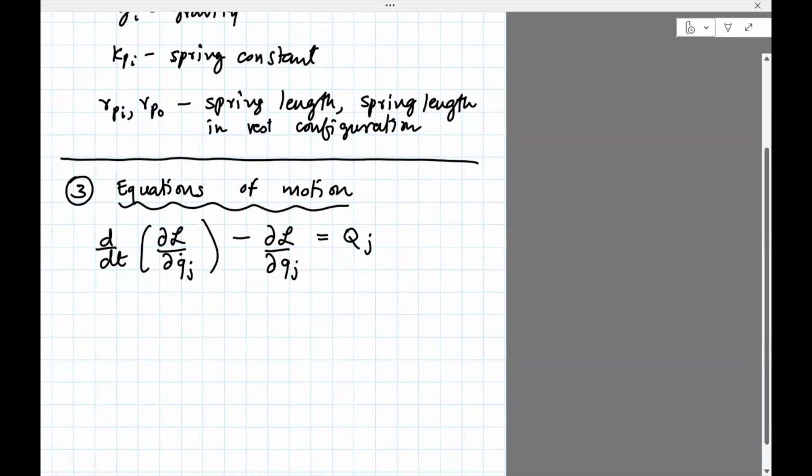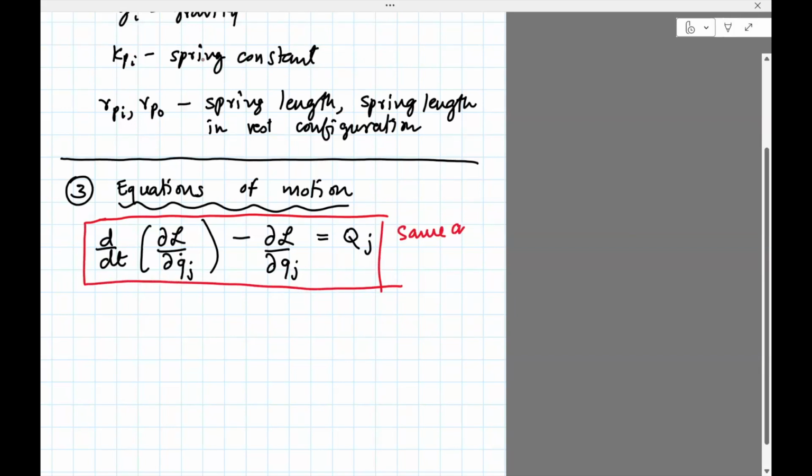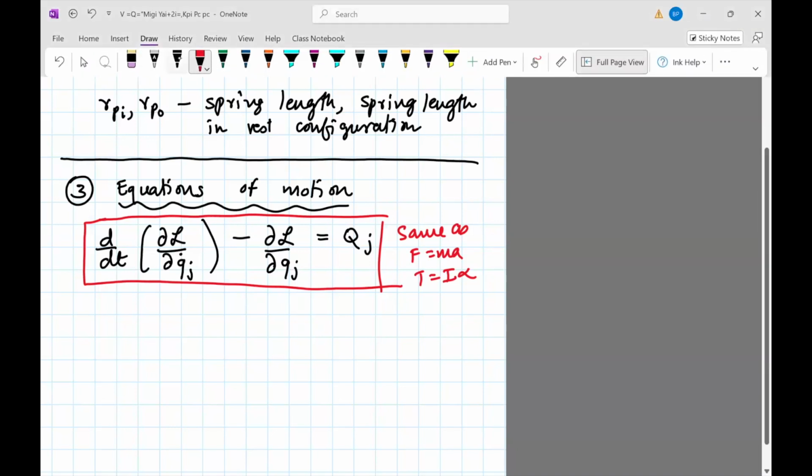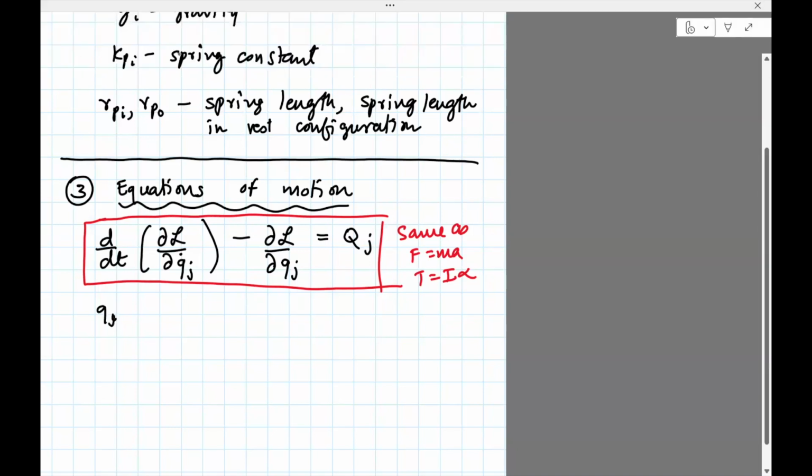Okay, this equation here seems very complex. It's actually the same as F equals ma and tau equals I alpha when you try to write it down. That's the Euler-Lagrange equation. Here q_j is the degrees of freedom.